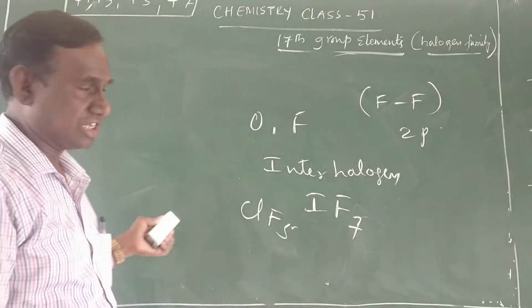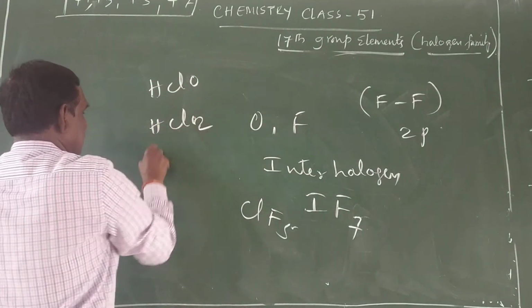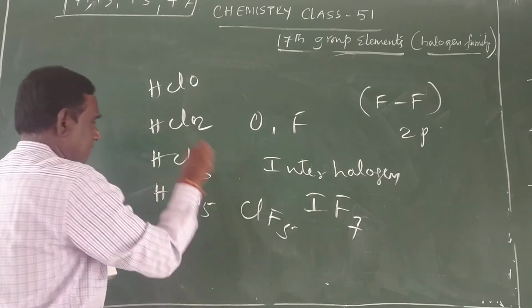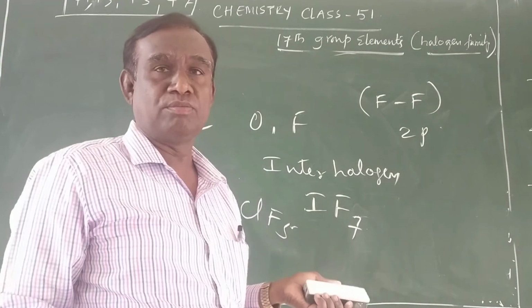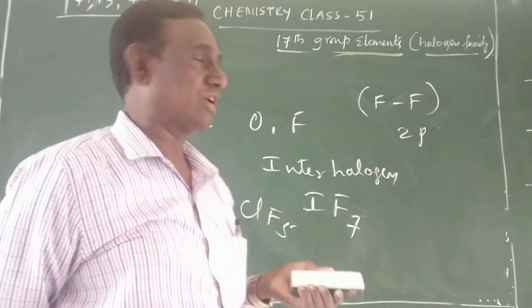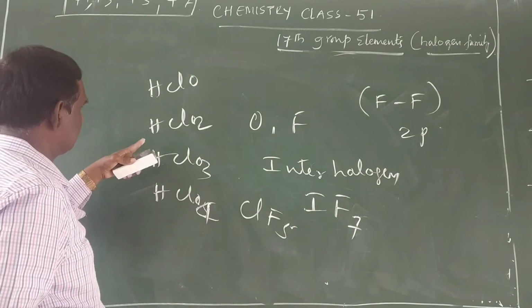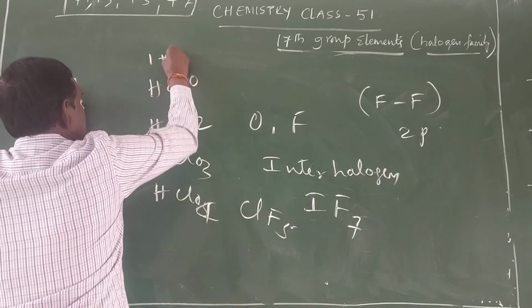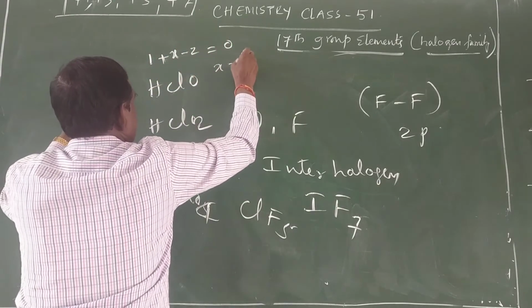Even oxoacids like HClO, HClO2, HClO3, HClO4. Like this, oxoacids are also formed with higher oxidation states. For example, you can calculate for Cl. So 1 plus x minus 2 is equal to 0, therefore x is equal to 2 minus 1, which is 1.